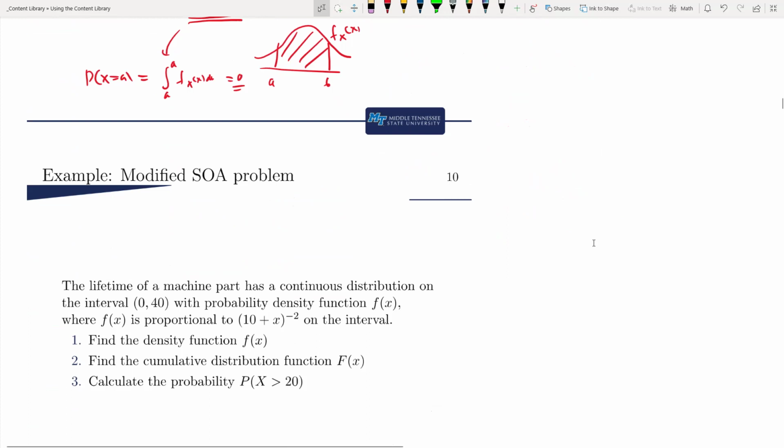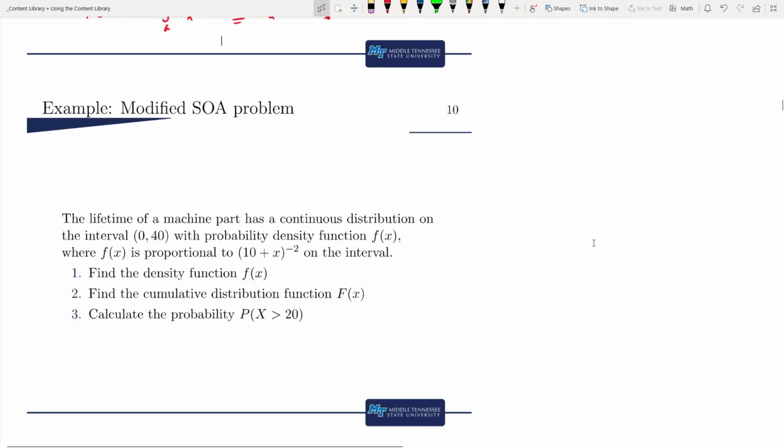So we are going to do a few problems now. Here you can see a modified SOA problem. Let's do this together. This one says the lifetime of a machine part has a continuous distribution on the interval 0 to 40 with probability density function f of x, where f of x is proportional to (10 plus x) to the power negative 2 on the interval. Find the density function.